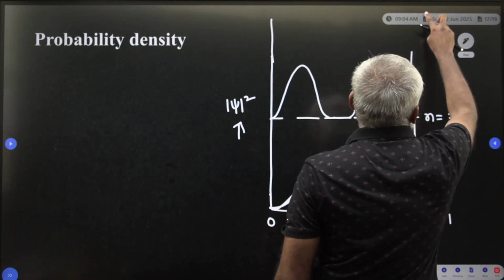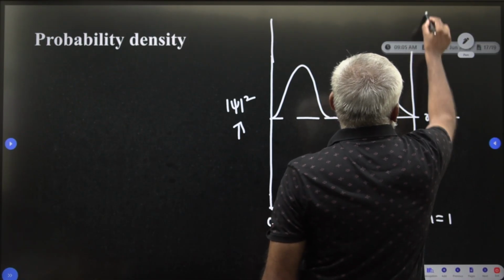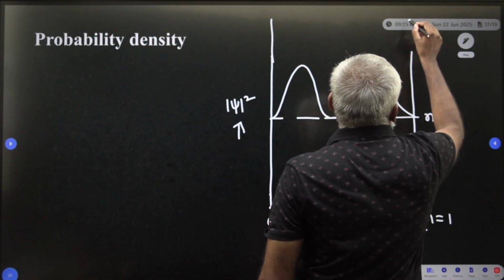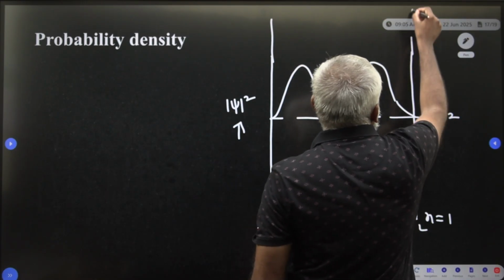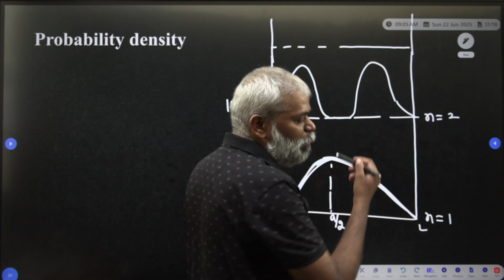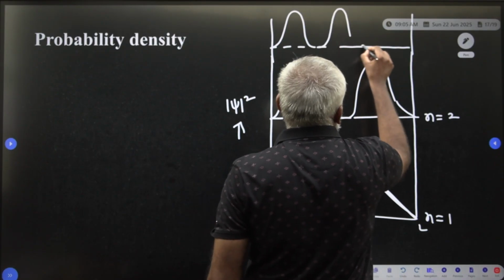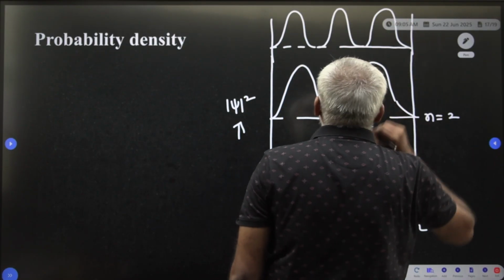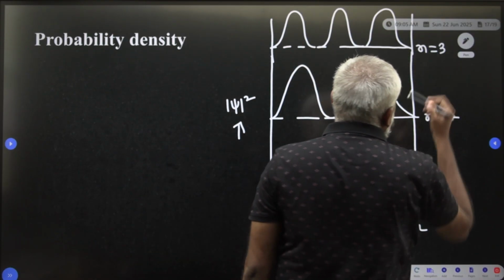How many peak values do you get? You get 3 peak values when n is equal to 3.